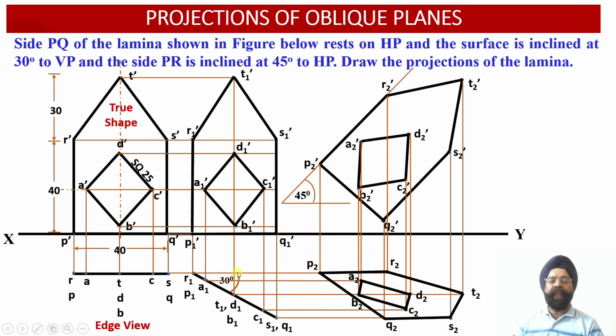Now this oblique lamina happens to be inclined with respect to the vertical plane at an angle of 30 degree, and the edge PR of this particular lamina happens to be inclined with respect to the horizontal plane at an angle of 45 degree.